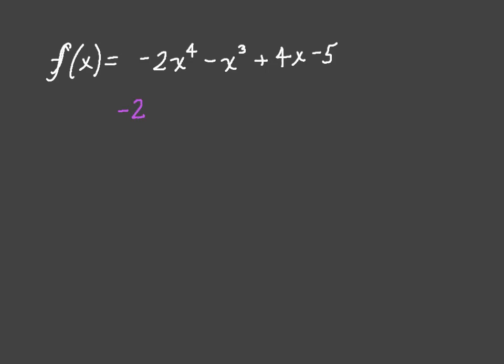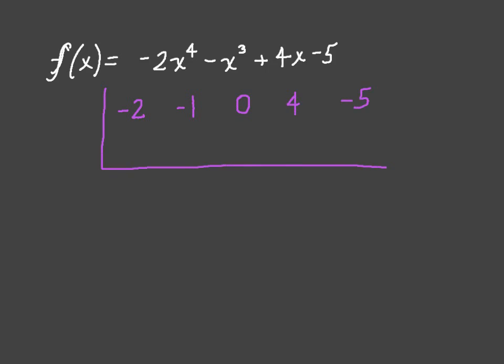My next term, the cube term, has a coefficient of negative 1, because there's no number there, it's understood to be 1. My next term with x squared isn't there, so I have to put a 0 there. That acts as a placeholder, and you'll see why this is important. Then my linear term 4, and then my constant negative 5.